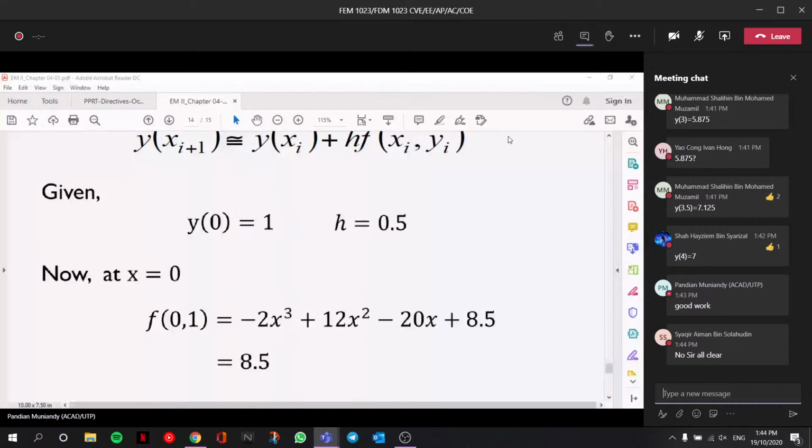This step size sometimes is too big or too small. All clear? So we want to investigate why the solution is not consistent.